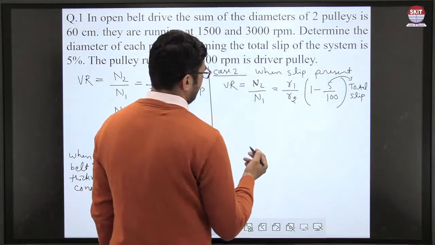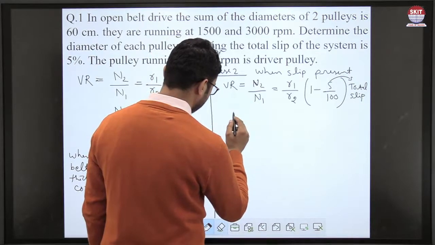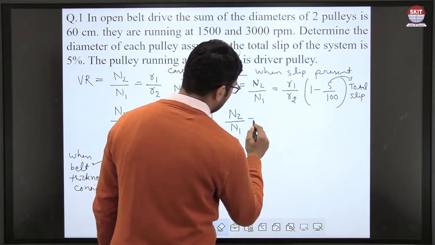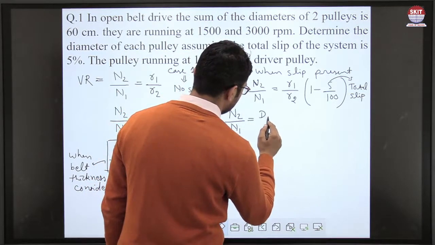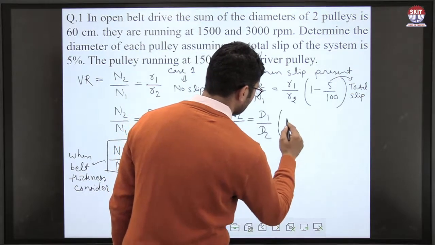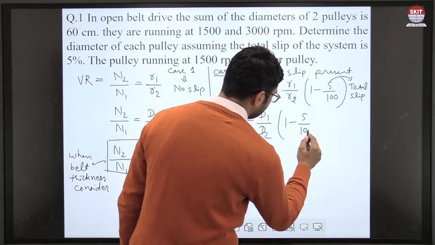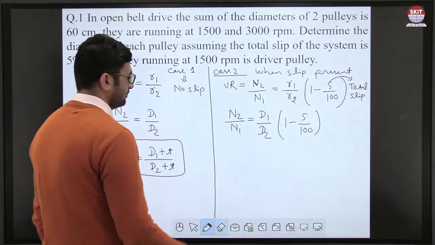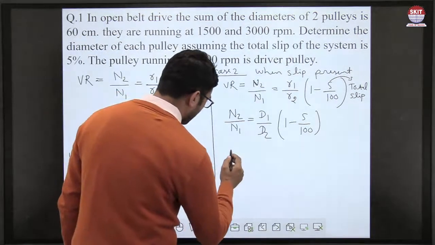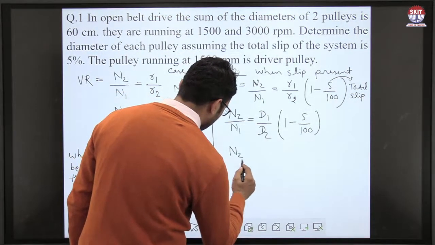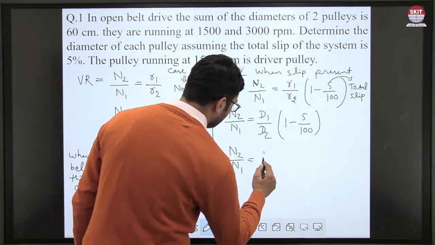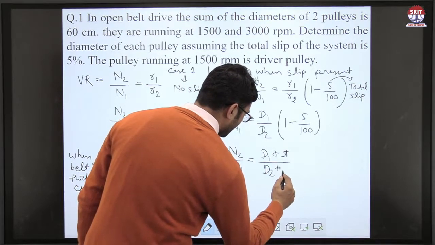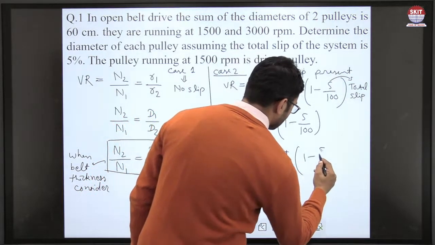This is the radius form of the formula. If we write this formula in diameter form, then the value is D1 upon D2, 1 minus S upon 100. If the thickness of the belt is given in the question, then the formula we use is N2 upon N1 equal to D1 plus T upon D2 plus T, 1 minus S upon 100.